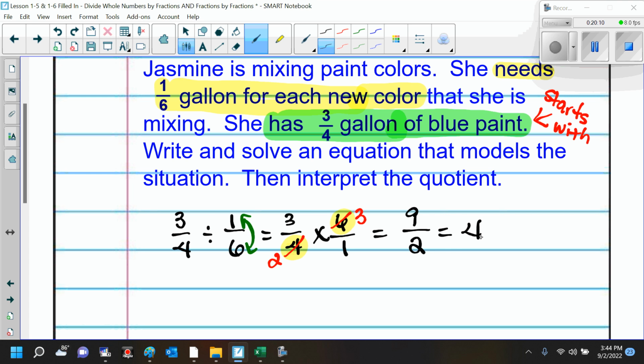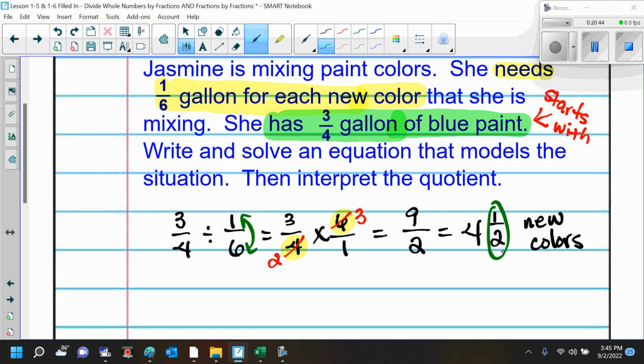2 goes into 9 4 times with 1/2 left over. So that says she can make 4.5 new colors. Not 4.5 gallons. She can make 4.5 new colors, but she can't make half of a new color, right?